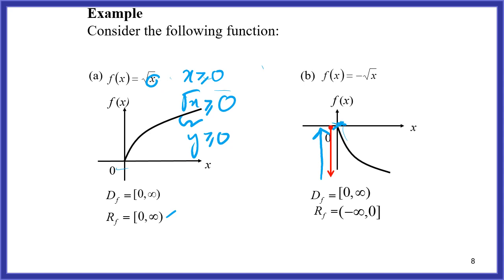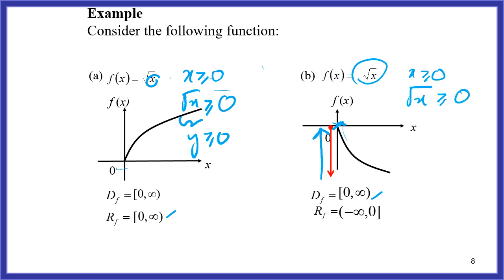Okay, if we use the algebraic method, everything under the square root should be positive. So x should be more than or equal to 0. That's why we have the domain of 0 to infinity. And for y, we have to modify to get the function y. So we have x more than or equal to 0, which means the square root of x is also more than or equal to the square root of 0, which is 0.